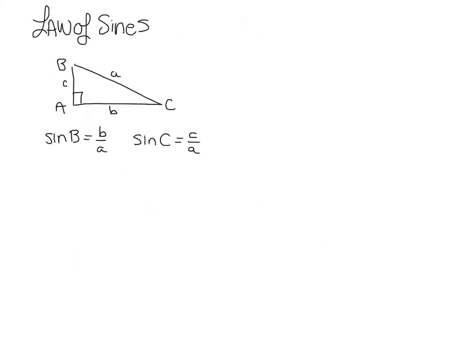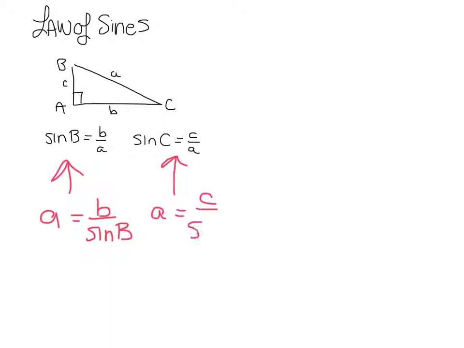So then, if I were to take this part right here and cross multiply, I would have a equals b over sine B. And if I cross multiply this part, I would get a equals c over sine C. And now these are both the same, so I can say b over sine of B equals c over sine of C, which if I then flip upside down, becomes the law of sines.